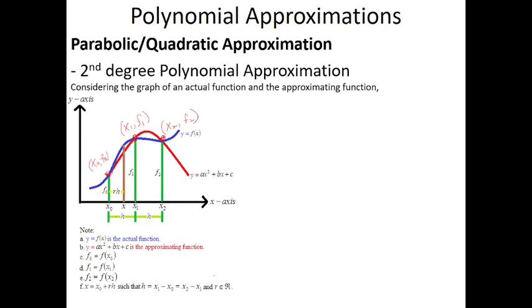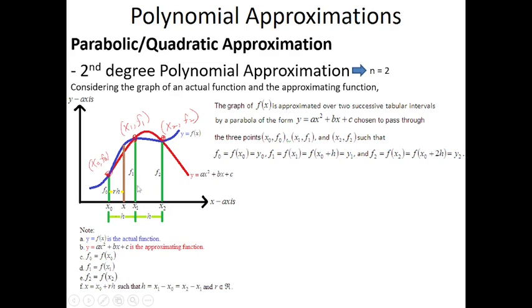Such that r is an element of the set of real numbers. Since it is a second degree polynomial, n equals 2.